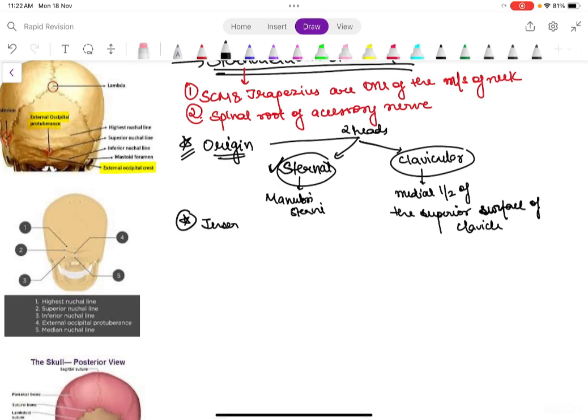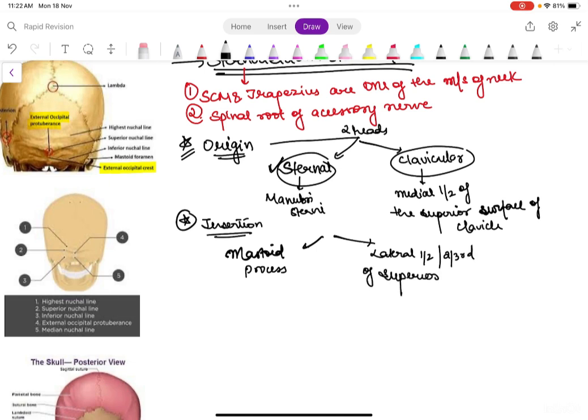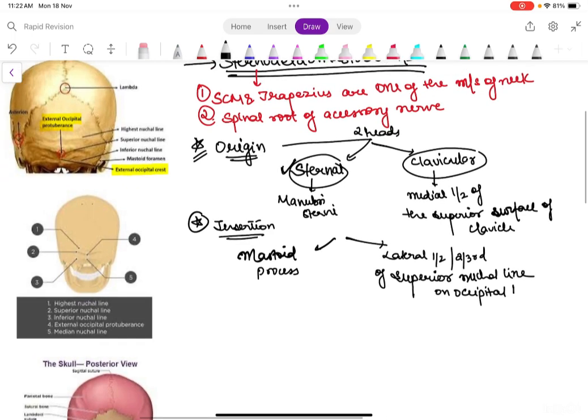Now insertion is also at two places. One is mastoid process and second is the lateral half or 2/3 of superior nuchal line on occipital bone.